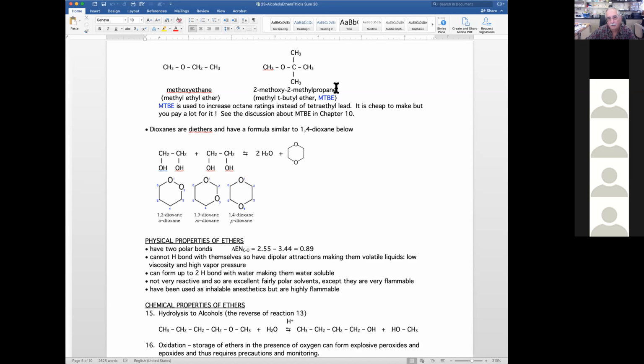Its common name would be methyl, and then this would be tert-butyl, and then it's an ether. So sometimes it's called MTBE, and that's what they use in gasoline to replace the tetraethyl lead.